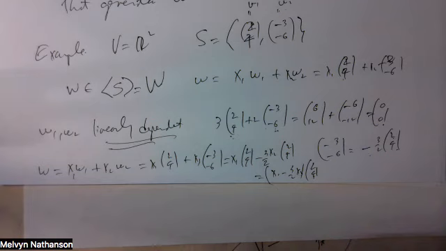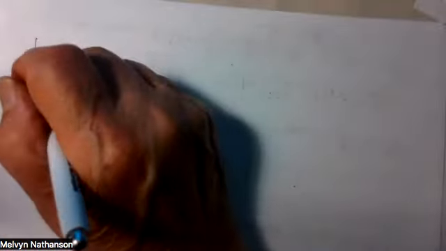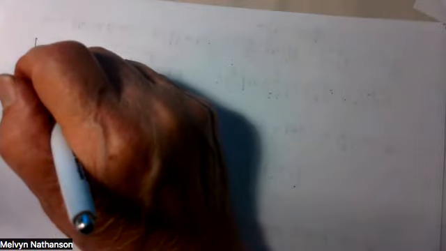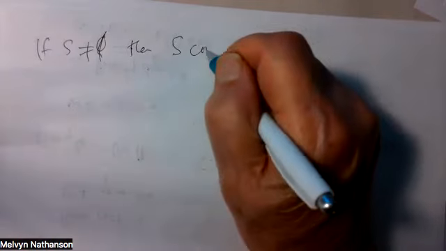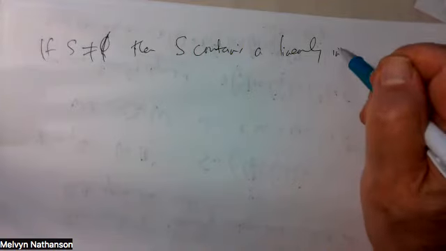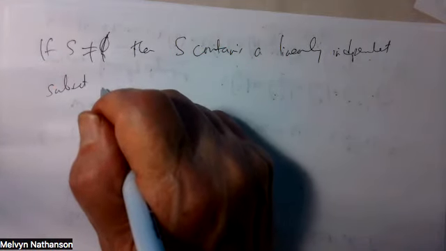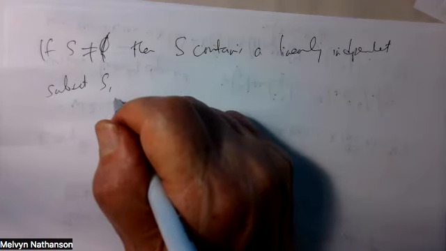Okay. And the theorem says this very simple phenomenon always holds. So if S is not empty, then S contains a linearly independent subset S1, maybe not S1, what should I call it?